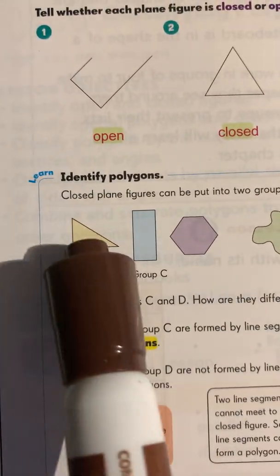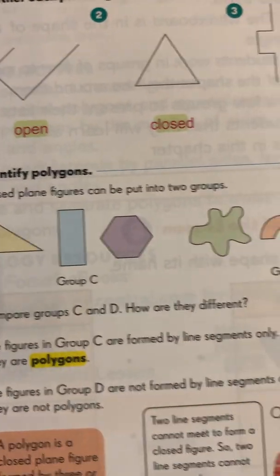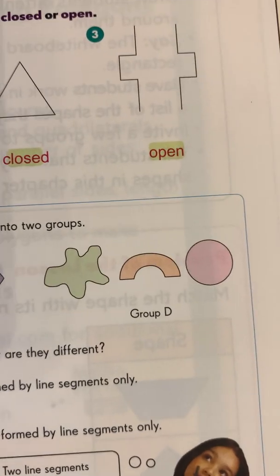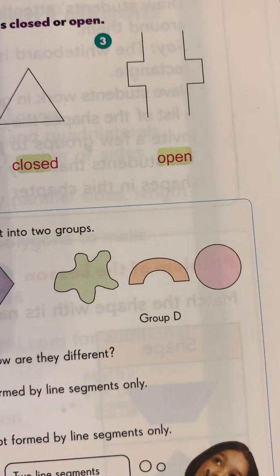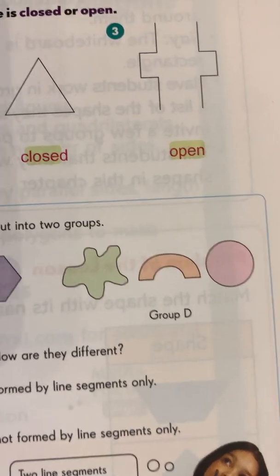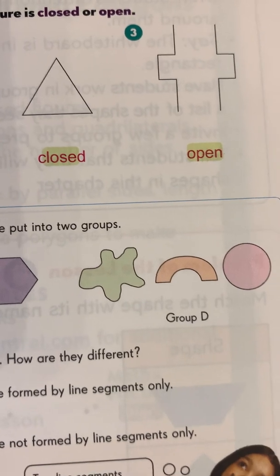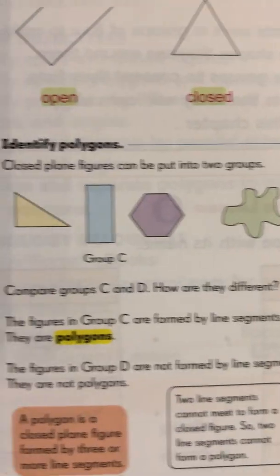They're not like this one. They have all of their sides, they have all of their angles, and nothing can get into them. Now look at our group D shapes. Are all of those closed figures? Yeah, they are, okay? Even though they're kind of funny looking, they're still closed shapes. They still start and end at the same point. Nothing can get in them.